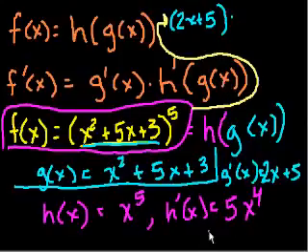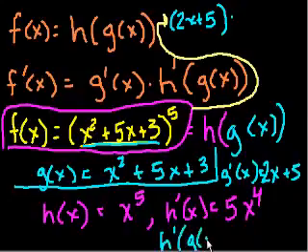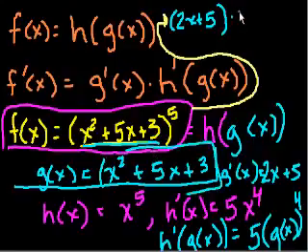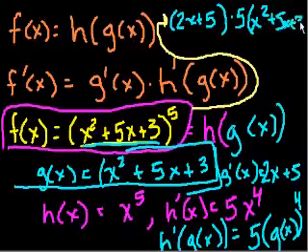So what's h prime of g of x? Well, h prime of x is 5x to the 4th. But we want h prime of g of x. So h prime of g of x would equal 5 times g of x to the 4th, right? And we know what g of x is. It's this whole thing. So it would be times 5, and this whole thing, x squared plus 5x plus 3, all of that to the 4th power.